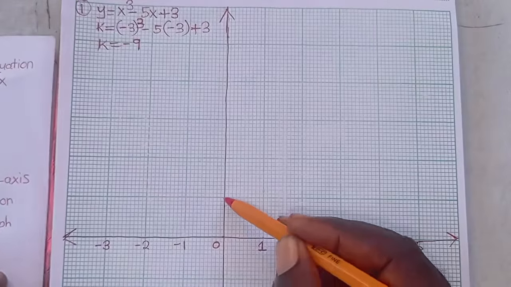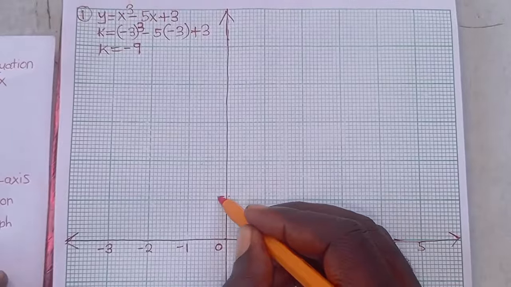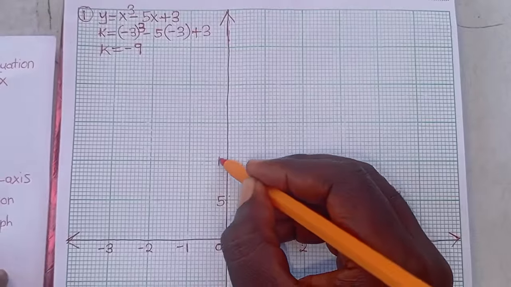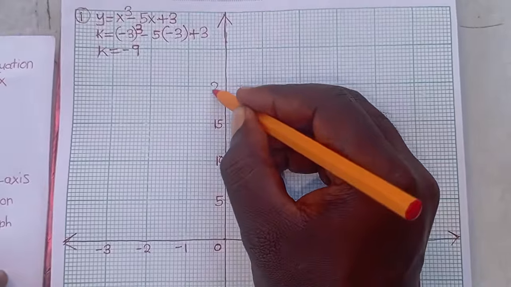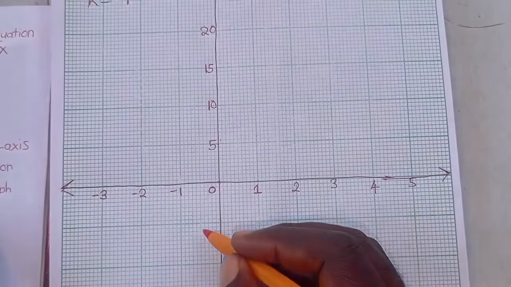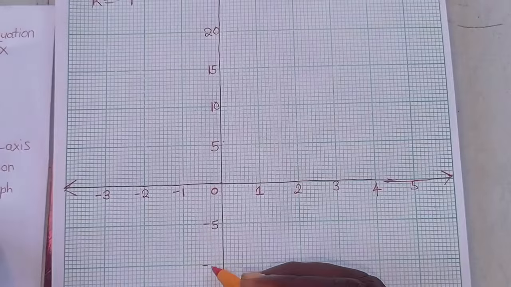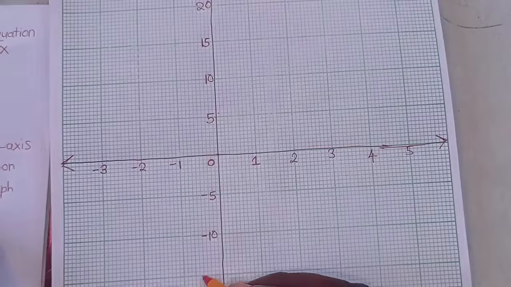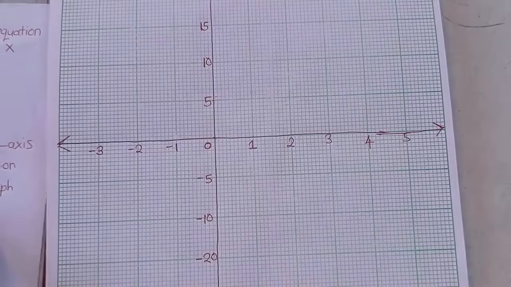So this 2 centimeters is 5 units. So meaning here it is 5, there 10, there 15, there what? There 20. Even down here I do the same. There -5, -10, there negative what? -20. You can just be going if you want.